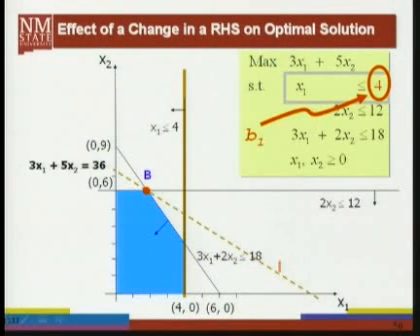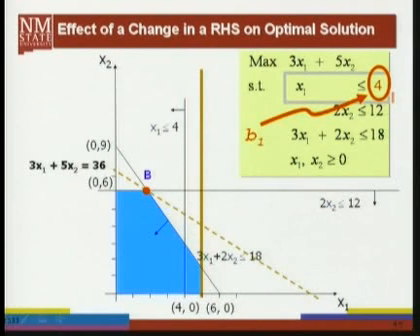So currently the value of B1 is 4 right here. Okay? And if we increase the value of B1 to 5, of course, the feasible region becomes bigger. However, it doesn't impact our optimal solution, right?